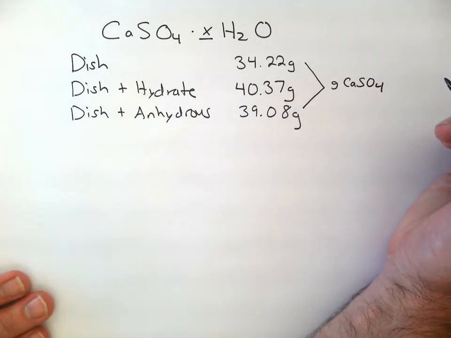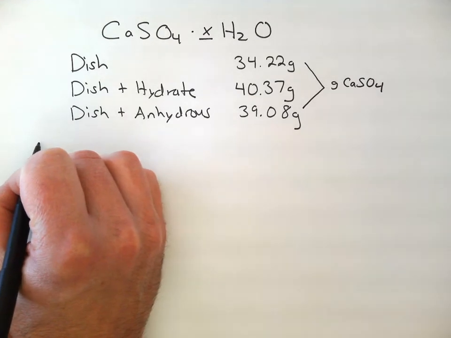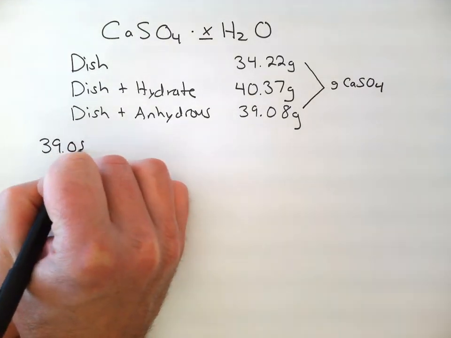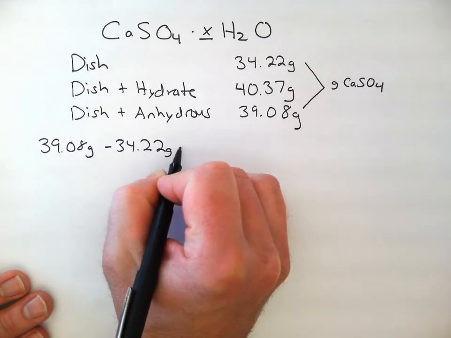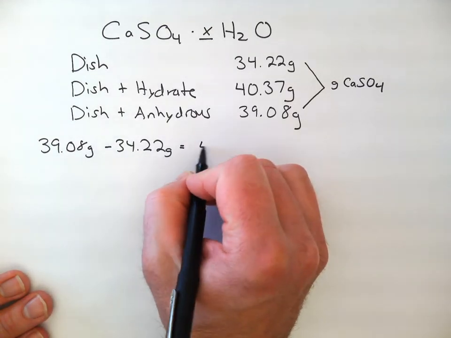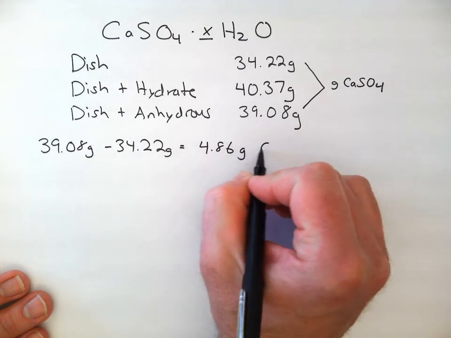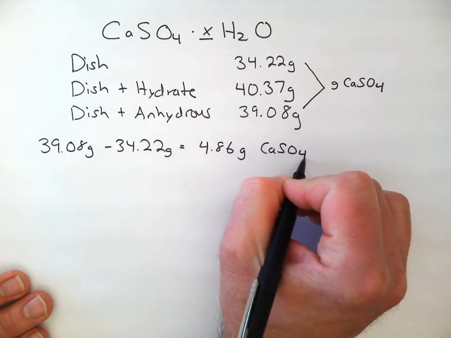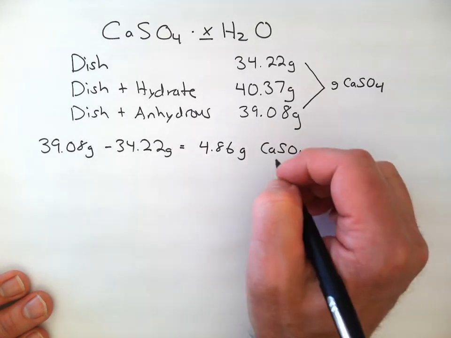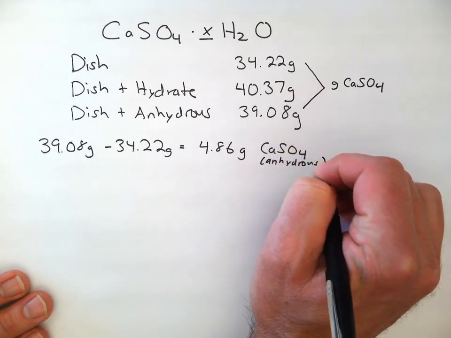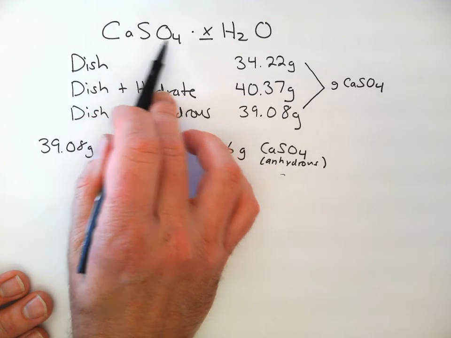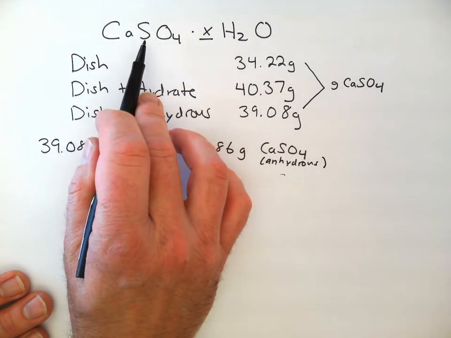Let's just go ahead and do that. 39.08 grams minus 34.22 grams is going to give me 4.86 grams of calcium sulfate. And that's the anhydrous. So that is the mass of this part of the formula.